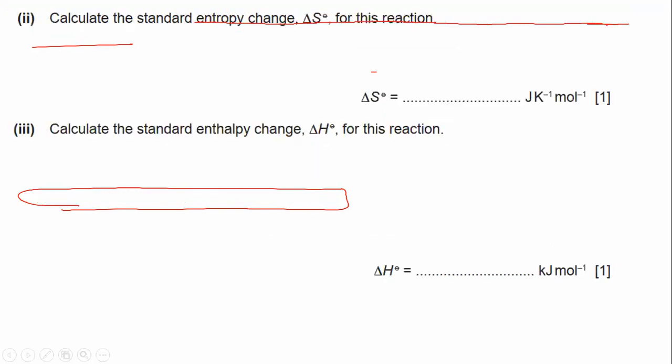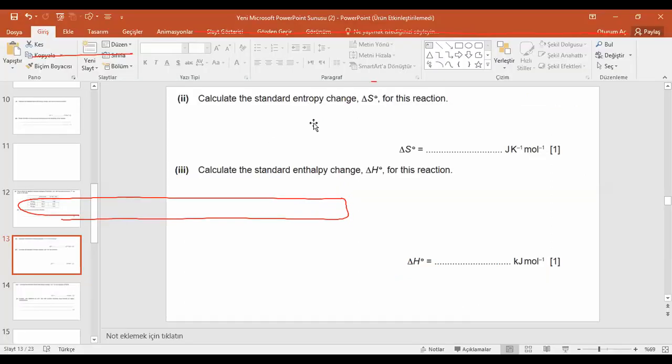So let's see the next one. The next question says, calculate the standard entropy change for this reaction. Once more, delta S. So just 1 second. Let me close this, it's useless. Okay, this is much better.